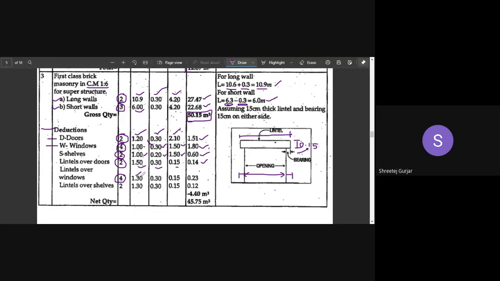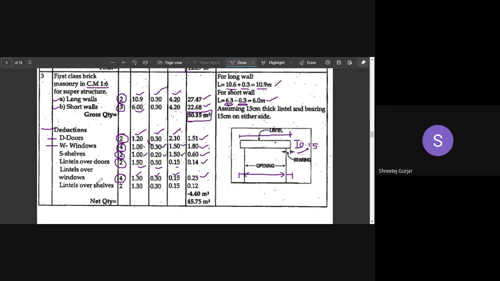The thickness will be 0.3, that is the wall thickness, and the depth of the lintel is 0.15. Multiplying these four quantities, we get the quantity of lintel over windows, that is 0.23.